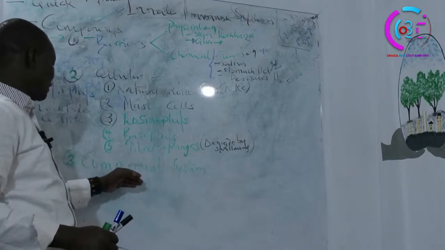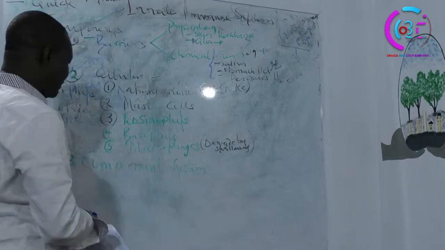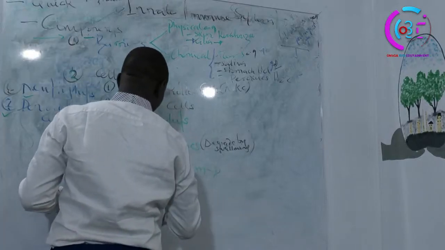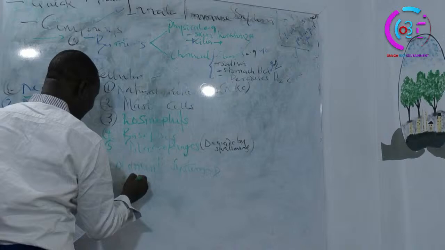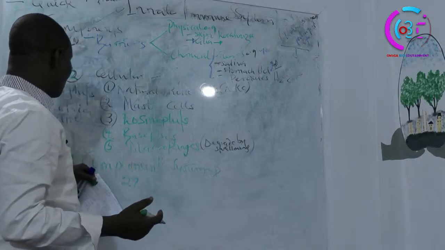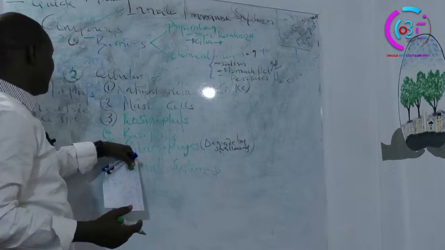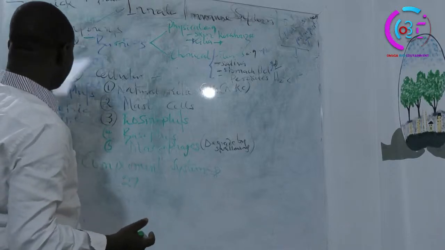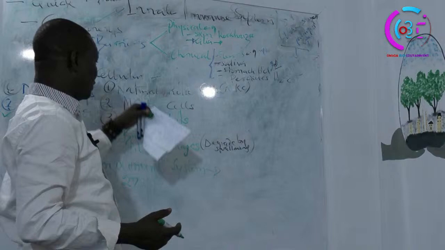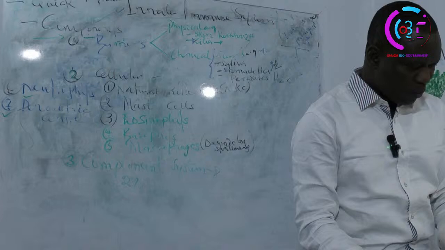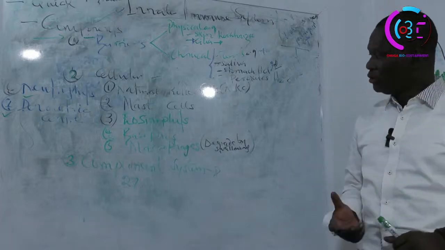So these are a series of chemicals, a series of proteins, up to 27 different proteins that augment the effects of macrophages and the cellular parts of innate immunity. So now we are going to start taking them one after the other.